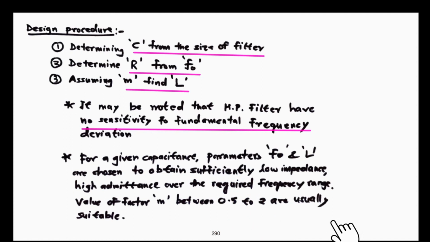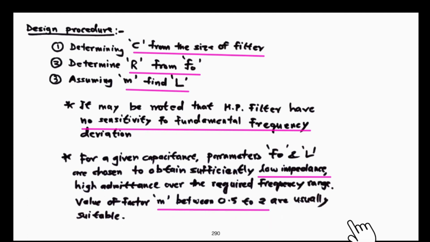And lastly, the parameters F0 and L, that is the cutoff frequency and the value of L, are chosen to obtain sufficiently low impedance. And for that, the value of M that is practically chosen lies in the range of 0.5 to 2.